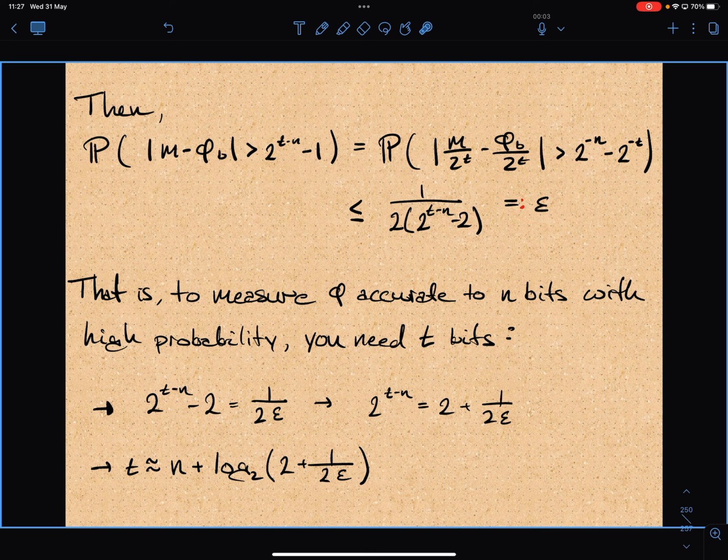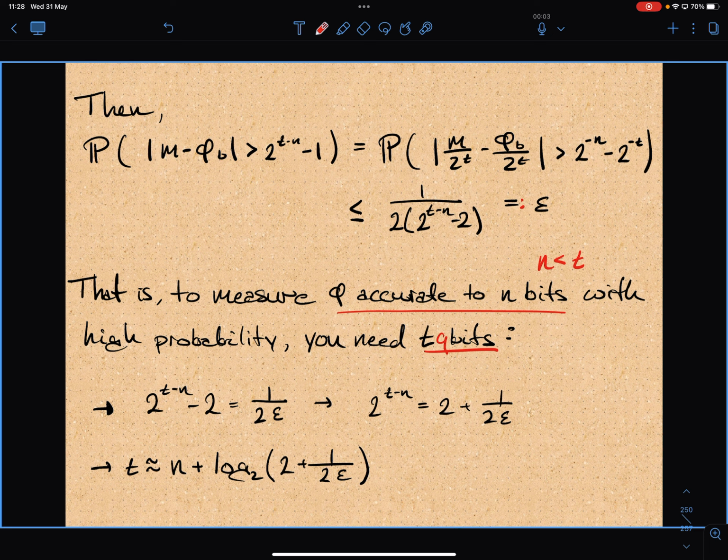And in here, I haven't really told you what t and n are. n is that you want to measure phi accurate to n bits, and we're going to have n less than t. And t is the number of qubits that you need to measure within n bits.